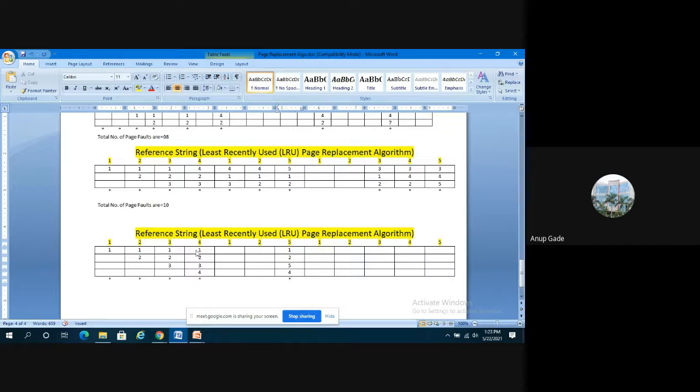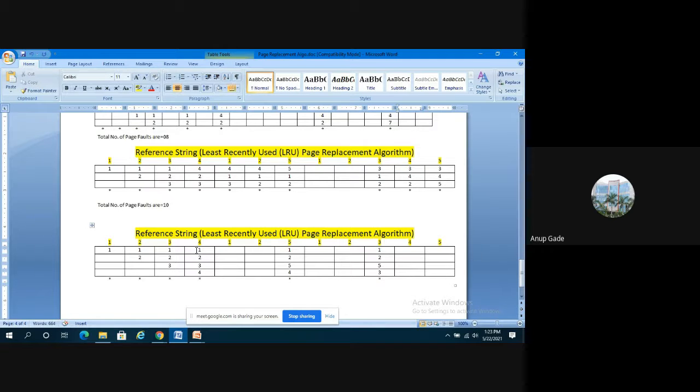Page fault occurs. 1 is there, 2 is there, 3 is not there. Which one was used long back? 4 was used long back. 1, 2. Replace 4 with 3. Again a page fault occurs.